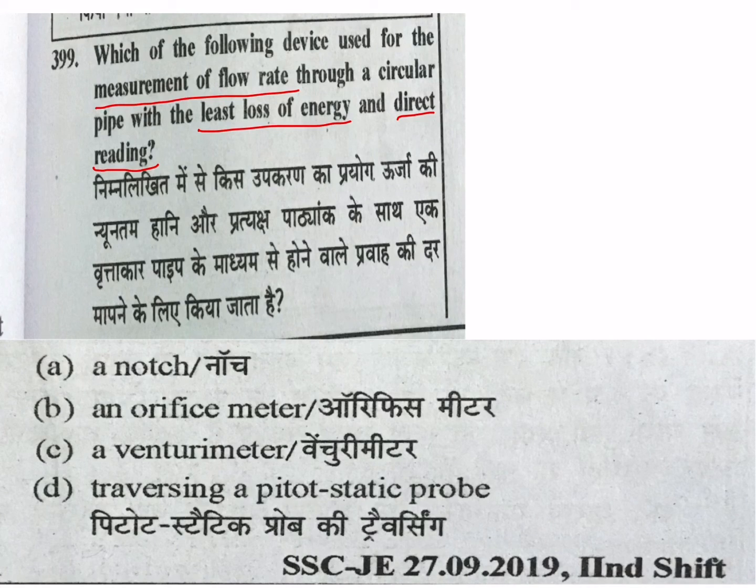With a pitot tube, first you get the velocity head, then V, then from V you apply the continuity equation, A into V, then you get your discharge. With least loss of energy, notch is also not possible, orifice is also not possible. C is your correct answer, Venturimeter. Converging part, throat, then diverging part.